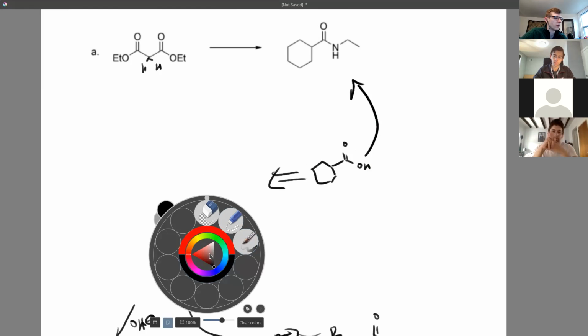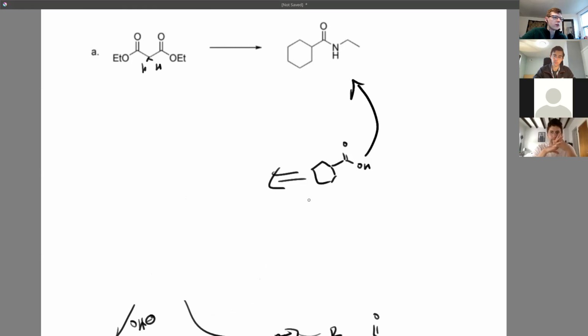Well, let's see. I want to use this column. So at some point, the other carbonyl was over here, like this. And then this whole thing got up and left.